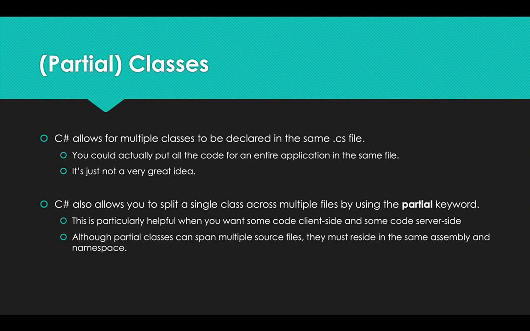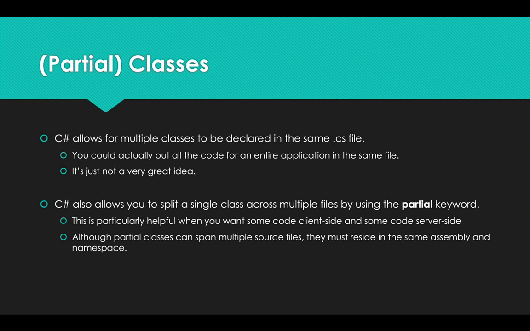Not only can you have multiple classes in a single file, you can actually have the same class across multiple files, which is kind of a weird situation. And it's important to note that even though you can use partial classes to span multiple source code files, those files should reside in the same assembly, and they should reside in the same namespace.